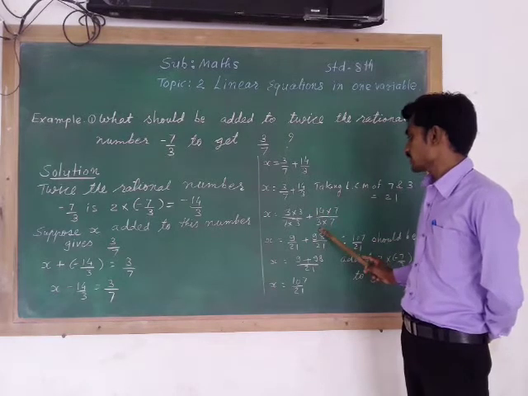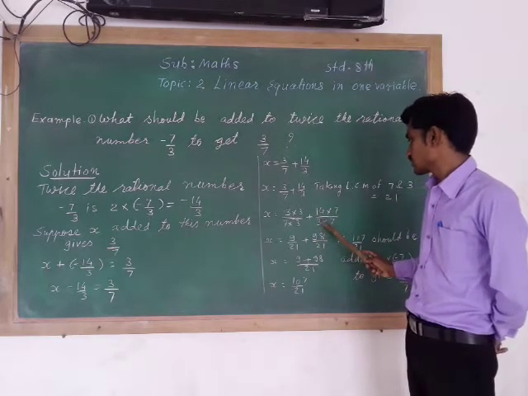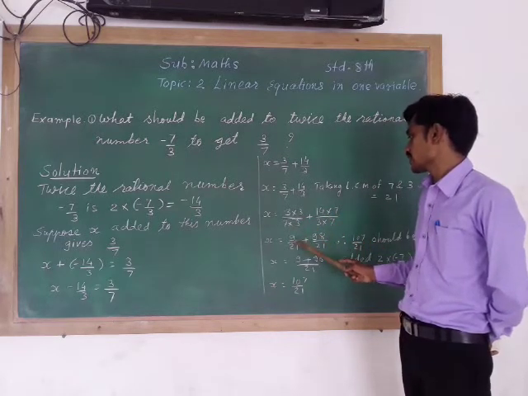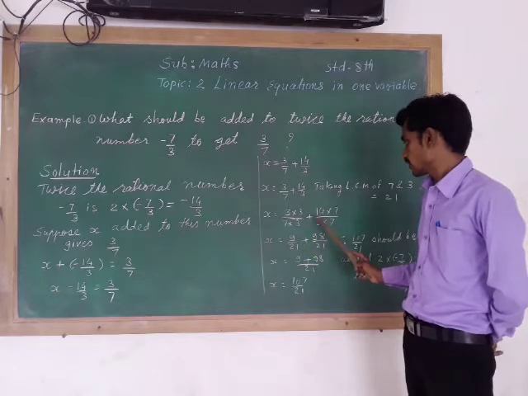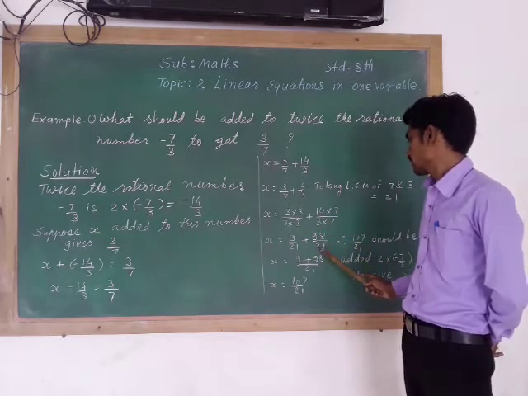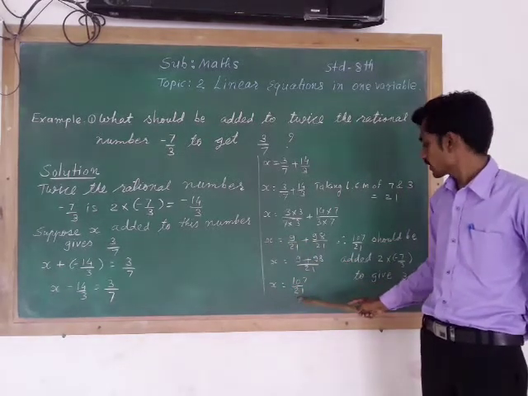Here 14 by 3, which number multiplies with 3 to give 21? 7. So 3 threes are 9, 7 threes are 21. 14 multiplied by 7 is 98 by 21. Okay, so 9 plus 98, what is it? 107 by 21.